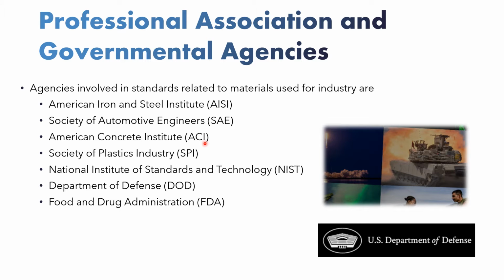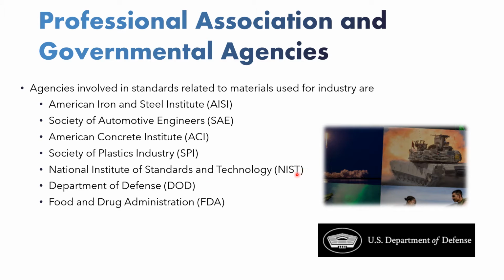And the next organizations, there are many of them, so I listed them here. The very first one is AISI, American Iron and Steel Institute, Society of Automotive Engineers, SAE. This one is pretty big. American Concrete Institute, ACI, Society of Plastics Industry, SPI, National Institute of Standards and Technology, NIST.